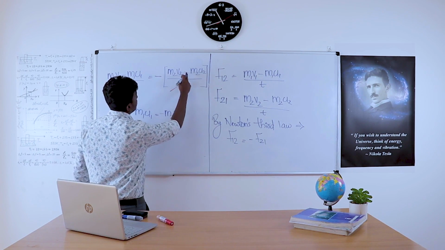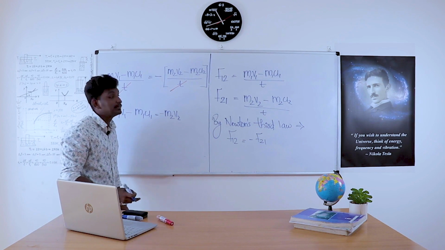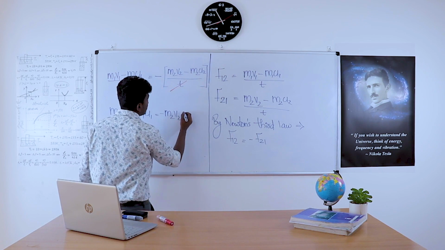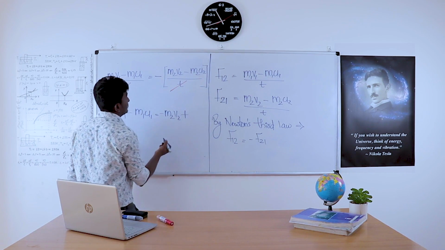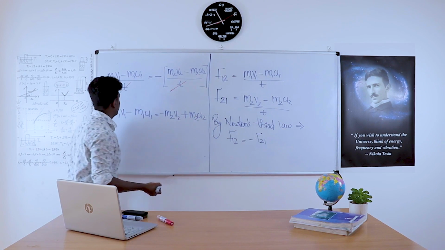Negative into negative becomes positive. Therefore, this minus sign combines with this minus sign and becomes positive, plus m2 u2.